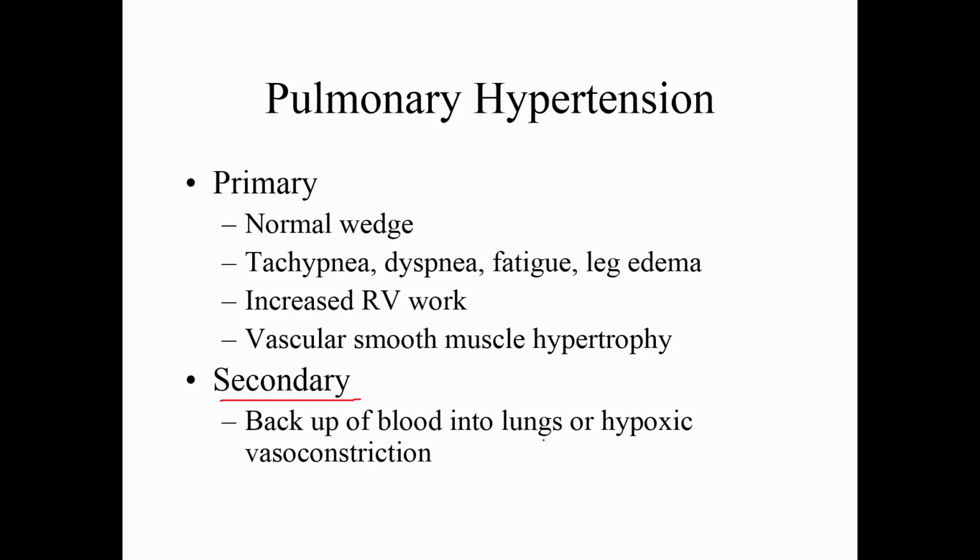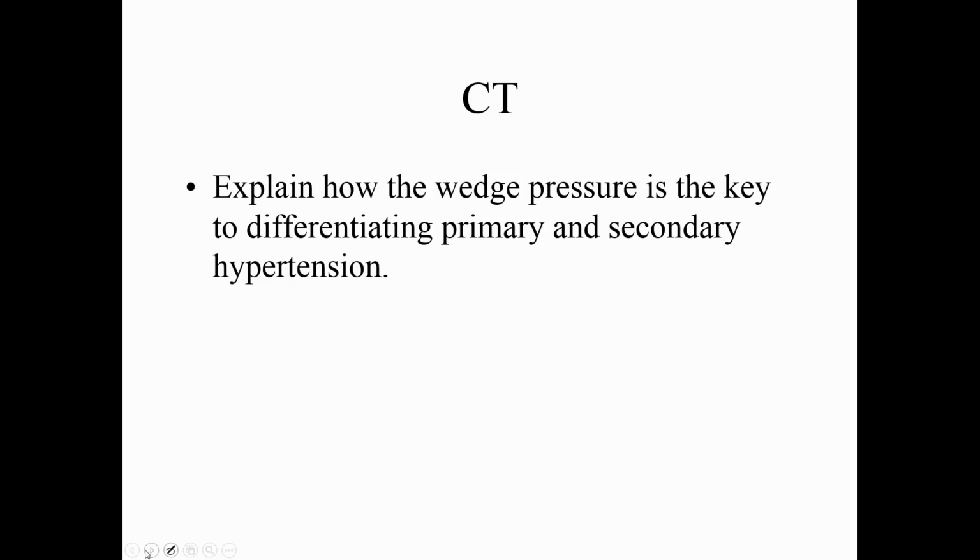The pulmonary embolism situation we just talked about on the previous slide would cause secondary pulmonary hypertension. Now, let's get back to this work of the right ventricle. Oh, so wedge pressure is the key to differentiating primary and secondary hypertension. We'll talk about that in class.